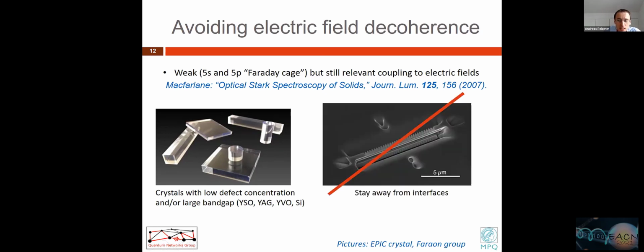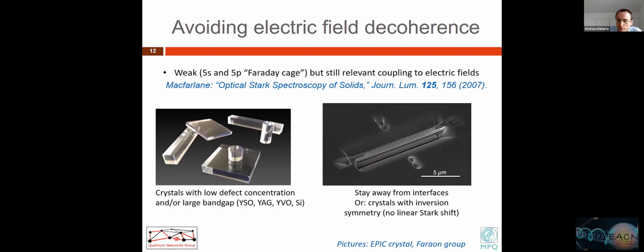Another issue about the charges is that you have to worry about surfaces, because at surfaces you will always have dangling bonds and things can get absorbed and desorbed, which means that you have fluctuating electric fields. So it's difficult to use rare earths in a nanophotonic structure unless you use a crystal which has inversion symmetry.